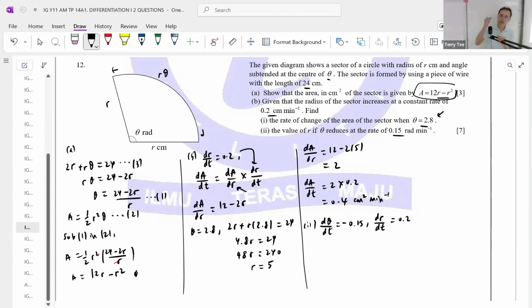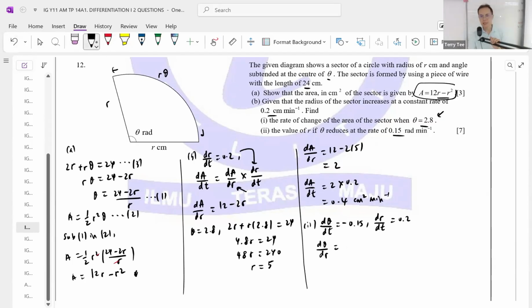So guys, if you know d theta/dt, dr/dt, what can we do with this? I can use the chain rule. Yeah, I think we can go back to d theta/dt equals negative 0.15. Okay, maybe I write down this formula.